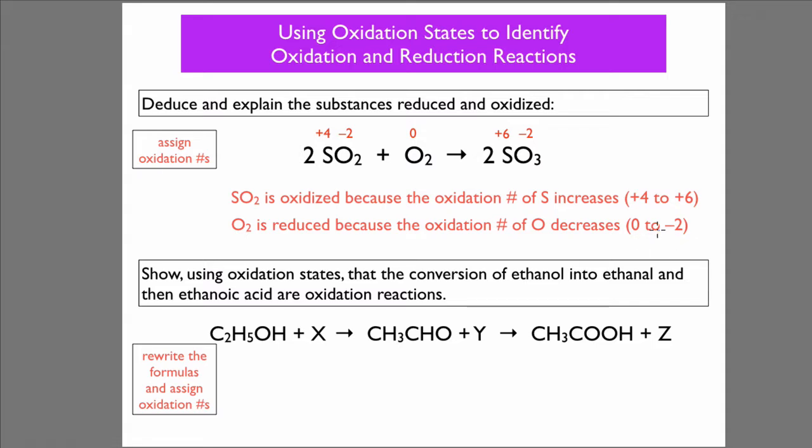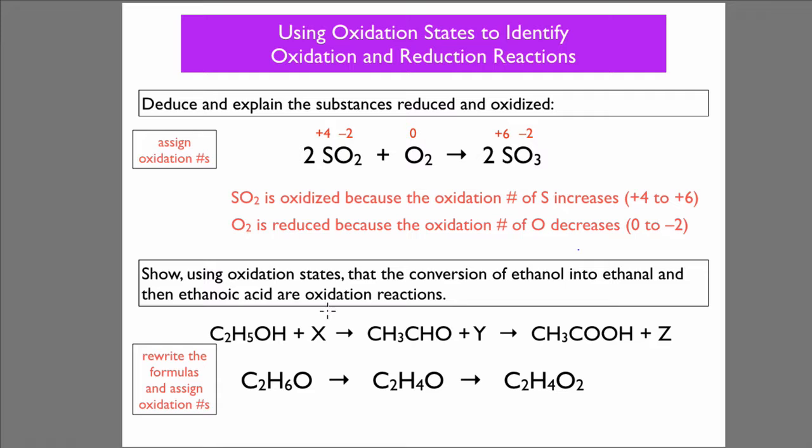Show using oxidation states that the conversion of ethanol into ethanal and then ethanoic acid are oxidation reactions. Well, we've got ethanol plus X giving us ethanal plus Y plus ethanoic acid plus Z. And you're going to learn a lot more about this particular series of reactions later on when we do acids and bases. So let's write these things out and assign oxidation states.